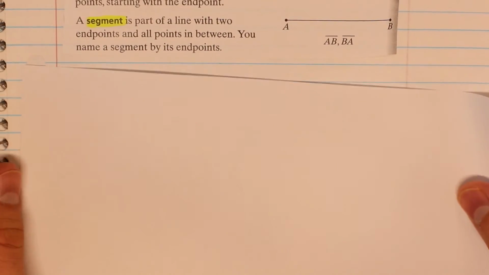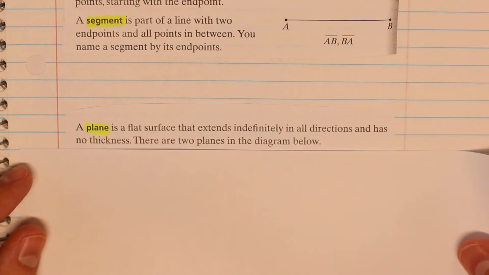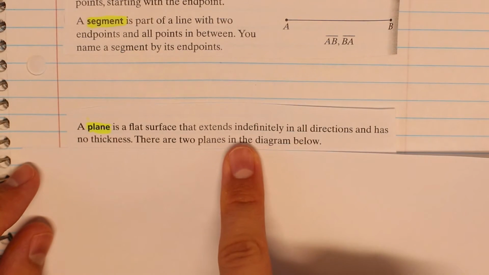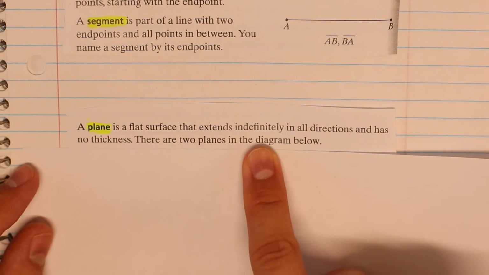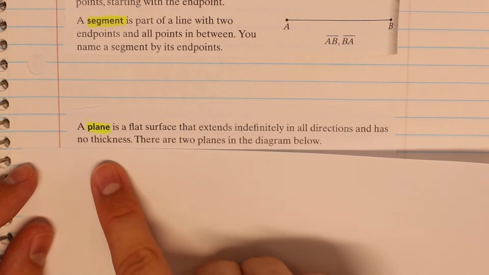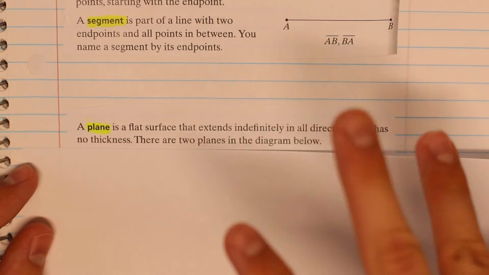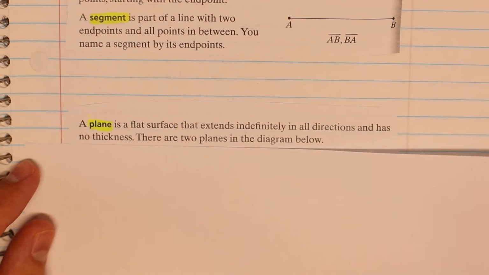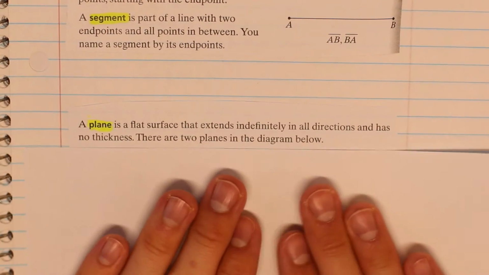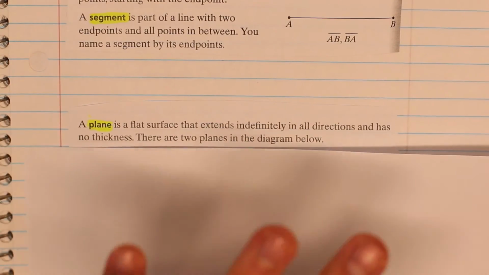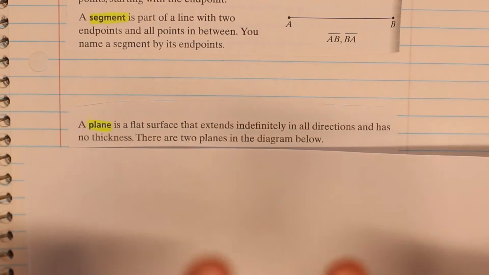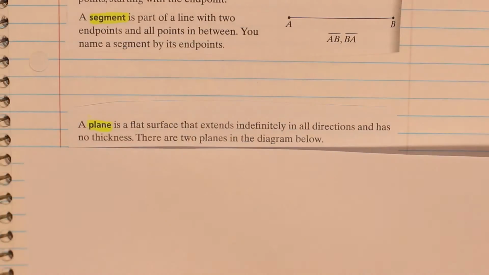Anyway, moving on. A plane. A plane is a flat surface that extends indefinitely, meaning forever, in all directions. It has no thickness. There are 2 planes in the diagram below. Before you see that diagram, just understand this. A piece of paper is like a plane in that it's a flat-like surface that keeps going, kind of like a line, how it goes on forever. A plane just goes on forever, okay?